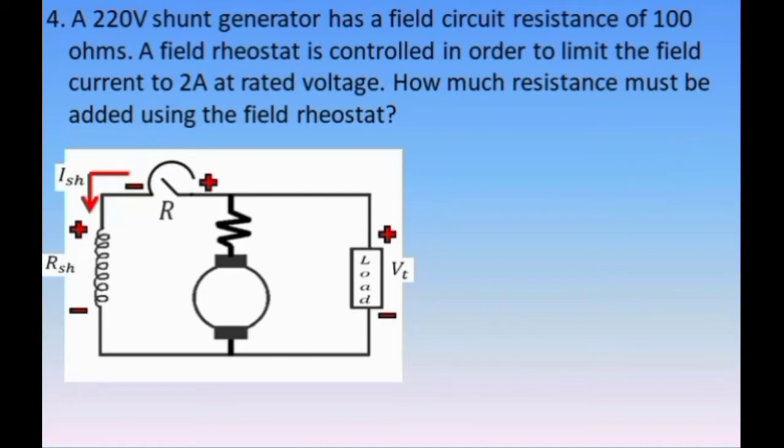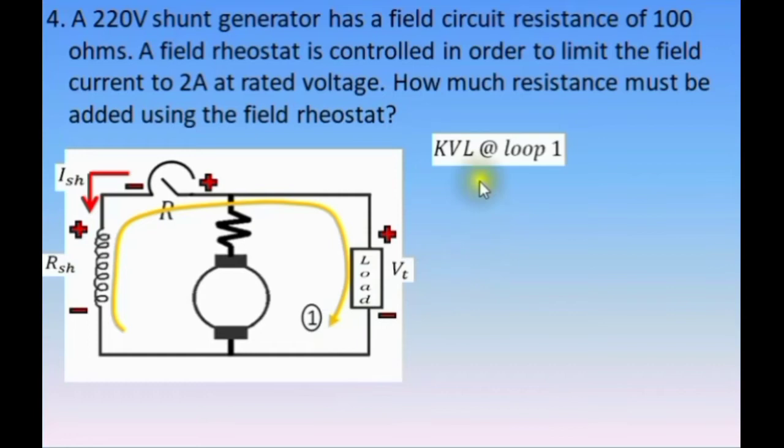Anyway, to solve this problem, let's establish a loop passing from the shunt field to the field rheostat and to the terminal voltage. Say that is loop 1. So Kirchhoff's voltage law at loop 1: first we have positive ISH times RSH, plus the resistance of the rheostat multiplied by the current flowing through it, which is also the shunt field current since they are connected in series.